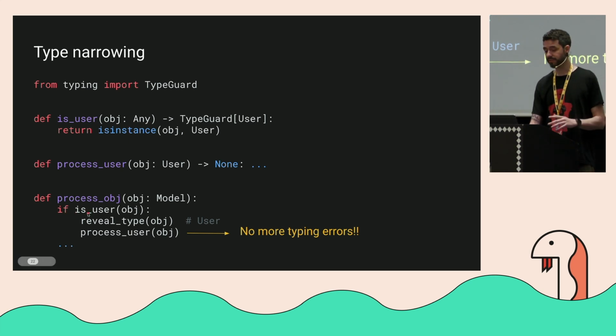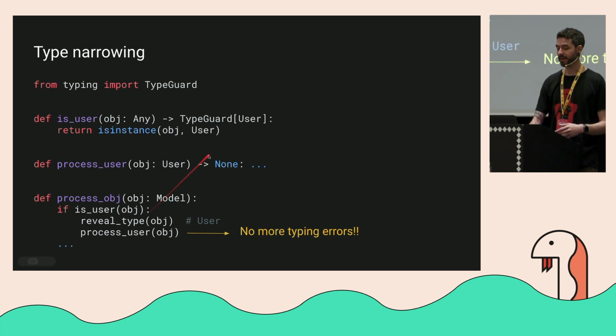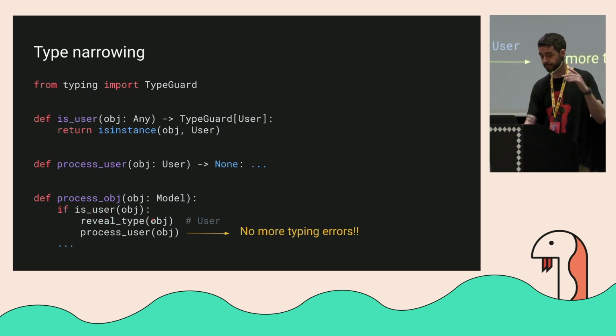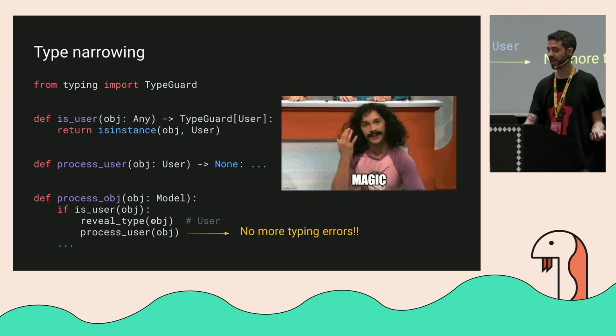And when we say if is_user of the object, this gets narrowed to user because of the TypeGuard. So inside this, the type checker knows that this is a user. So we don't have typing errors anymore, like magic.